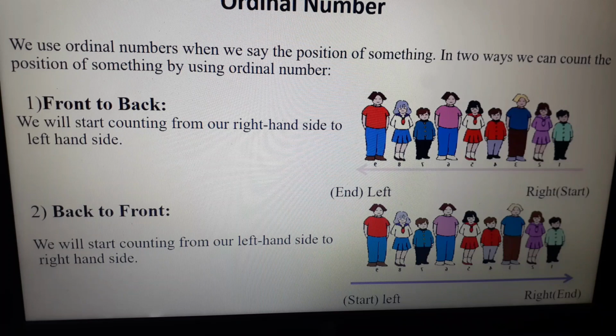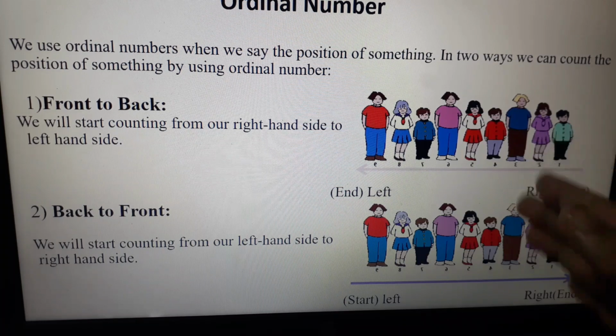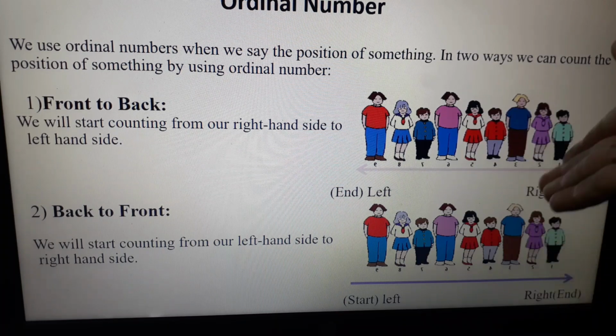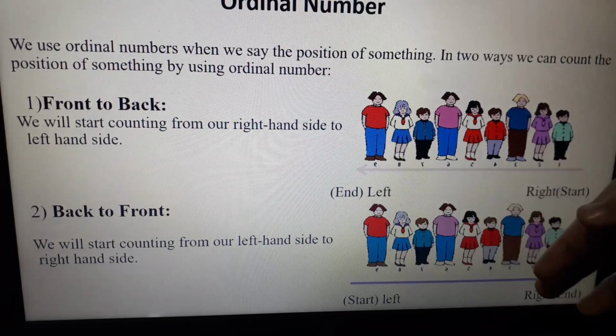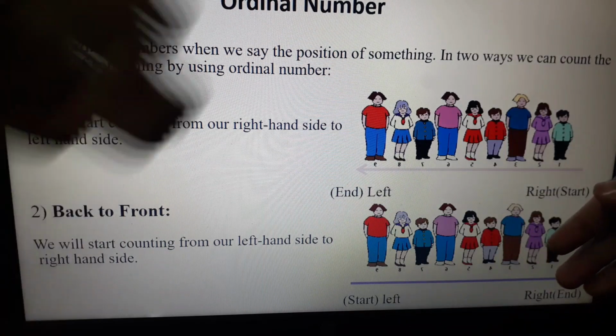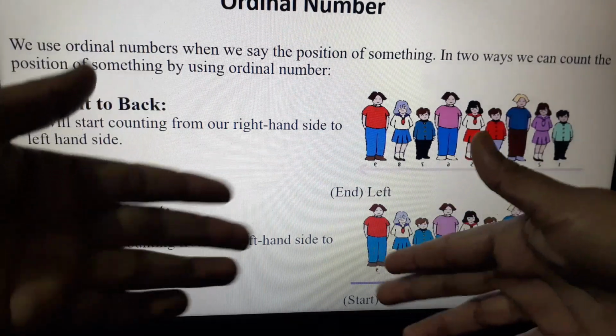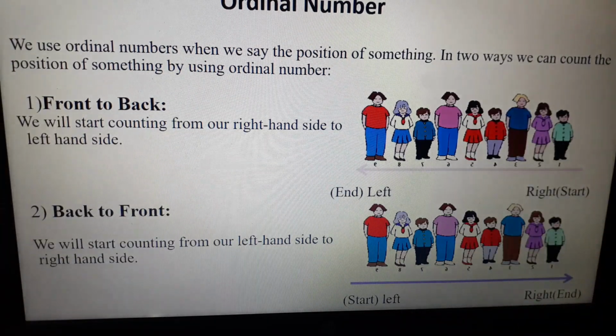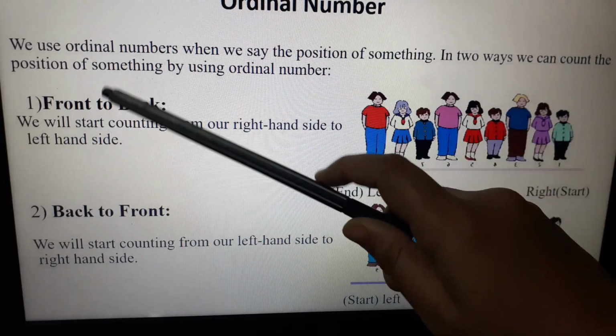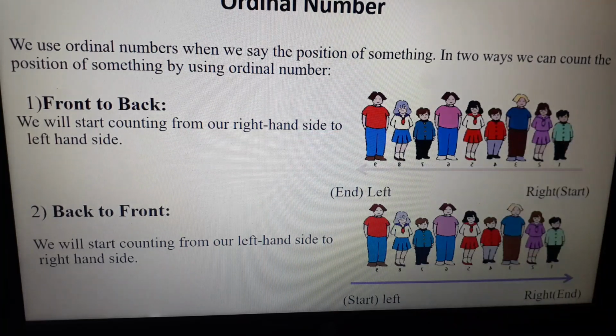So for front to back counting, we have to start from the right side to the left side. And for back to front, you have to start counting from the back side, from the left side to the right side. In these two ways, we can count ordinal numbers. And if nothing is mentioned about which way to count, then normally we start counting from front to back.